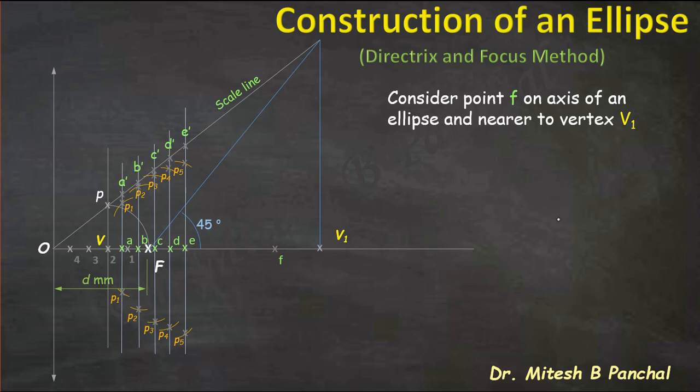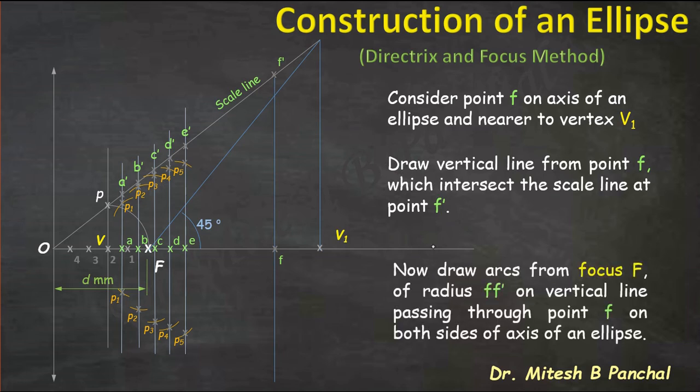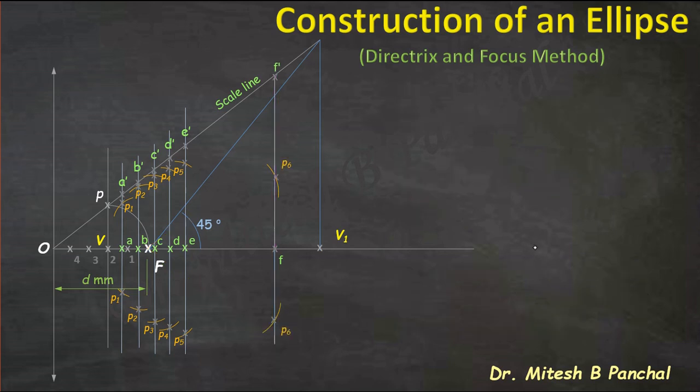Follow the same procedure, means draw a vertical line from point F. We will get the F dash on the scale line. Now consider focus F as a center, radius F dash, and draw arc on line passing through point F. Thus we will get point P6.